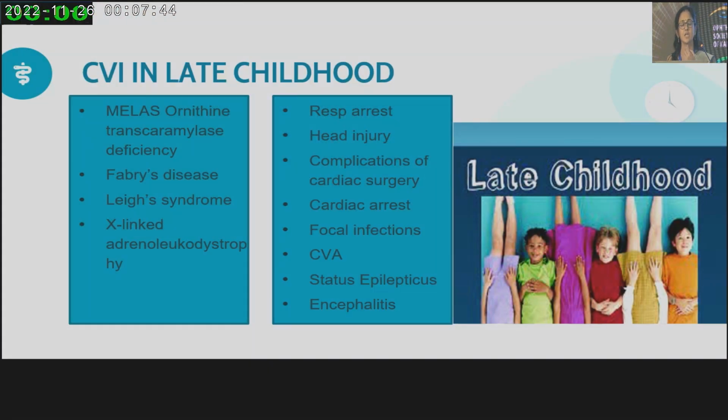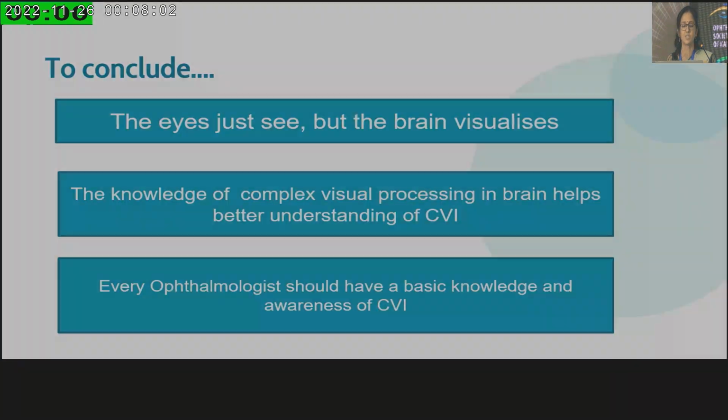CVI in later childhood is due to MELAS, ornithine transcarbamylase deficiency, Fabry's disease, Leigh syndrome, X-linked adrenoleukodystrophy, and respiratory arrest, head injury, complications of cardiac surgery, cardiac arrest, focal infections, status epilepticus, and encephalitis.